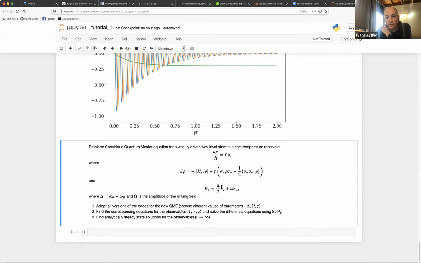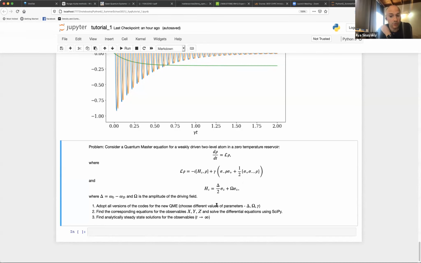But in the Hamiltonian, we have not only sigma z, but also sigma x, which describes the classical driving, where omega is the amplitude of the driving, and here instead of omega 0, we have the difference omega 0 minus omega d, where omega d is the frequency of the driving field, or laser field.